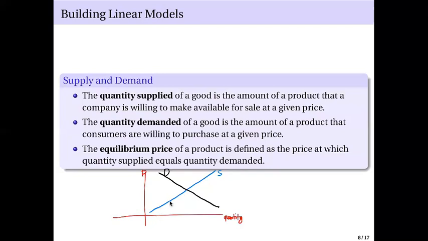Of course, at a certain price, the supply and the demand will agree. As you can see on this graph, it's probably at this particular point. So there will be some price here, let's just label it as peanut, and here it's just some quantity.